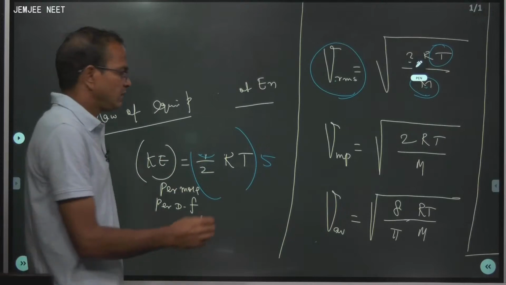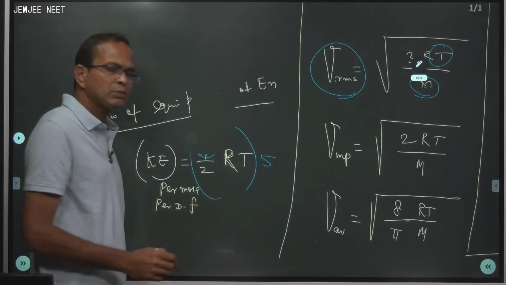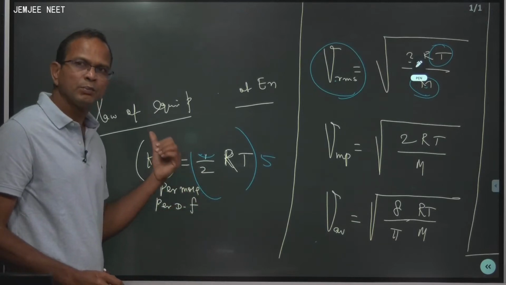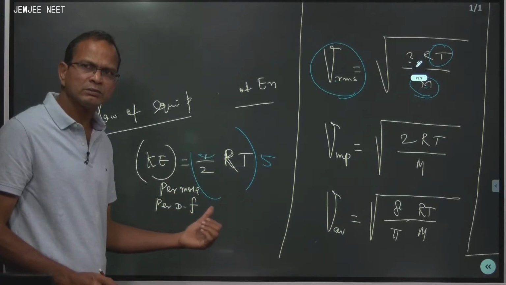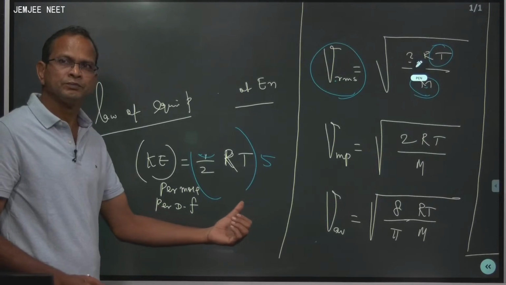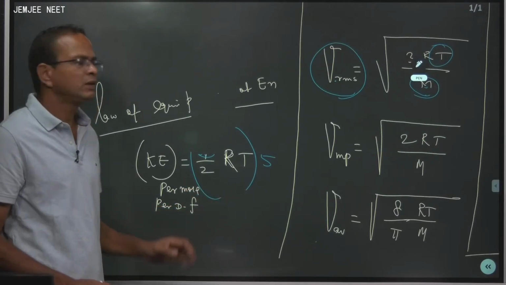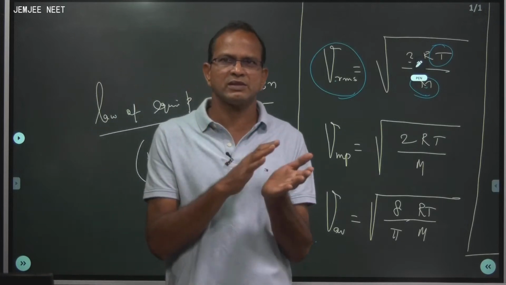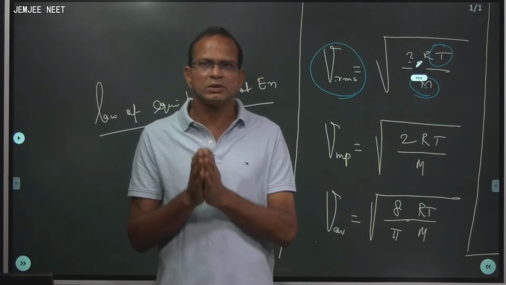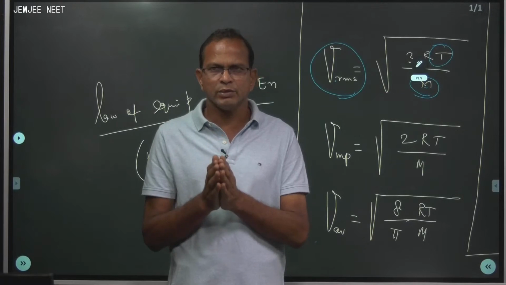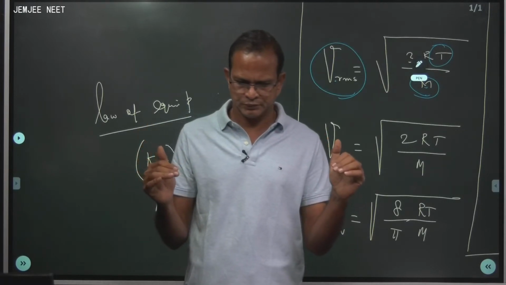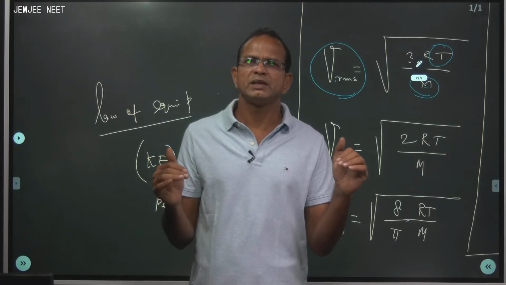So what is the kinetic energy per mole per degree of freedom? Come on, ½ RT. Once again I tell you what is the law of equipartition of energy. The statement is so simple. The total kinetic energy available is equally shared by all the degrees of freedom.